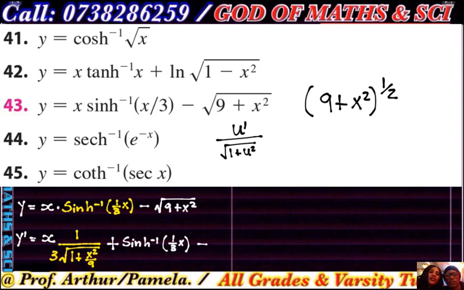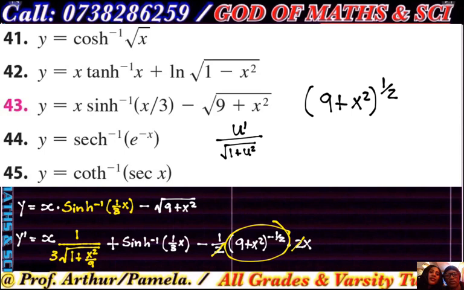It will be 1 over 2, open bracket, 9 plus x squared, you subtract 1 from the half, it's negative half, times the derivative of what's inside, which is 2x. You can see that the 2 and that 2 cancel. This one goes under as the square root of, isn't it right? Yes.